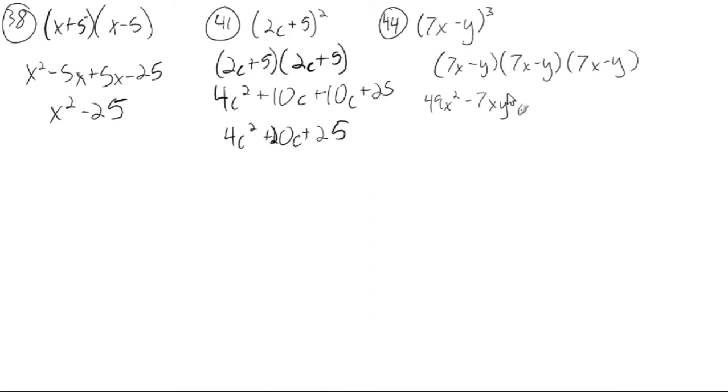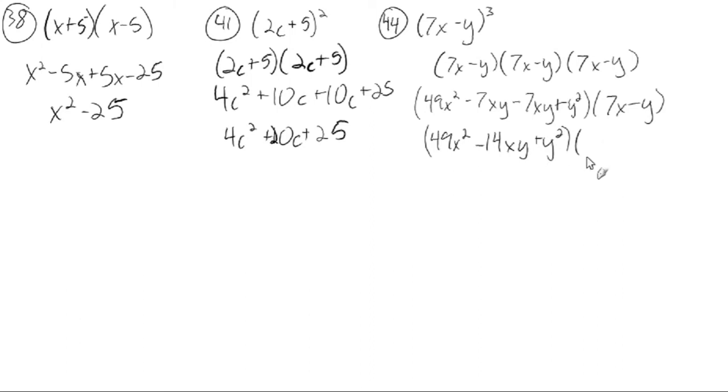Let's see. Then we move on to the negative y, and we get negative 7xy again plus y squared. So we get negative y times negative y. Multiplying that by 7x minus y. 49x squared minus 14xy plus y squared.